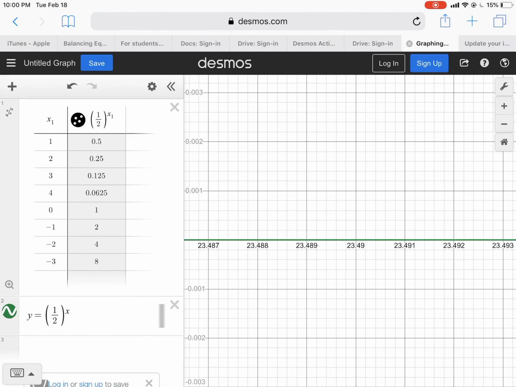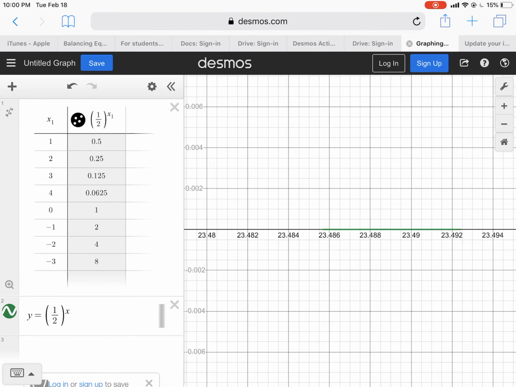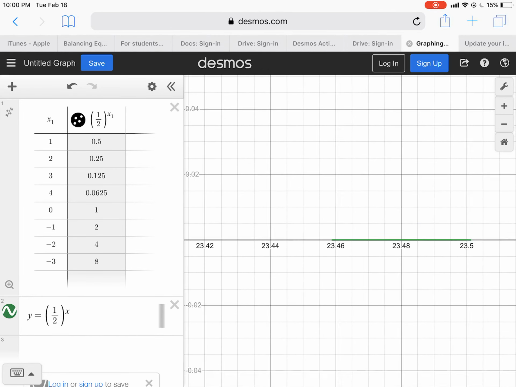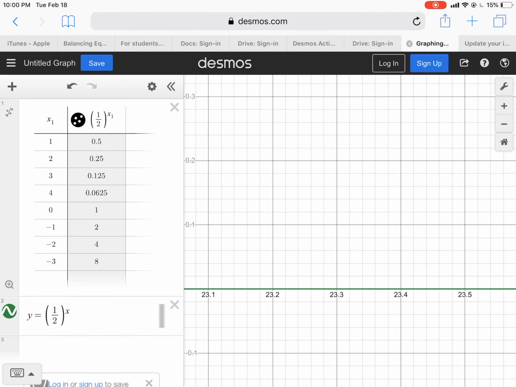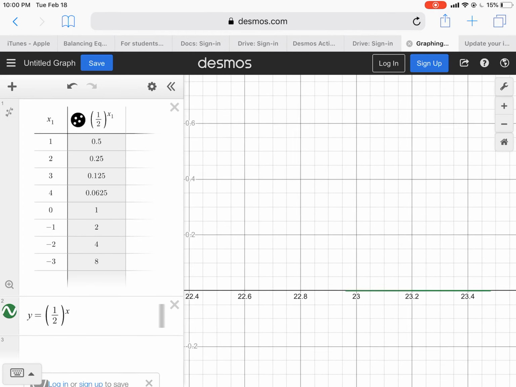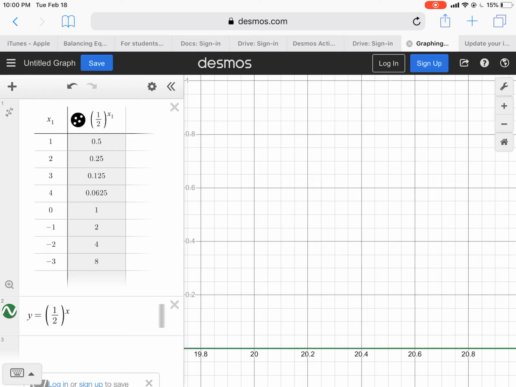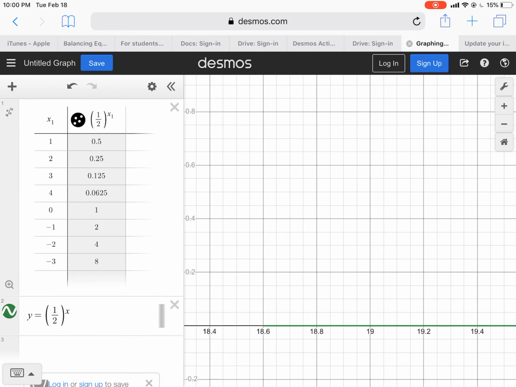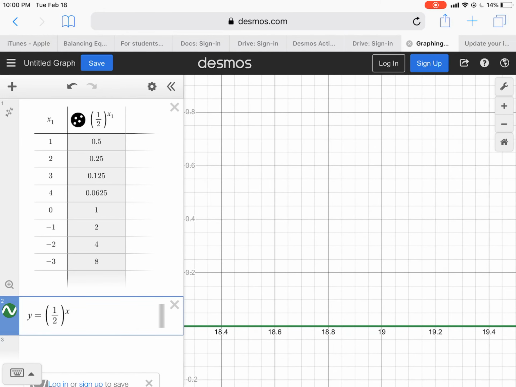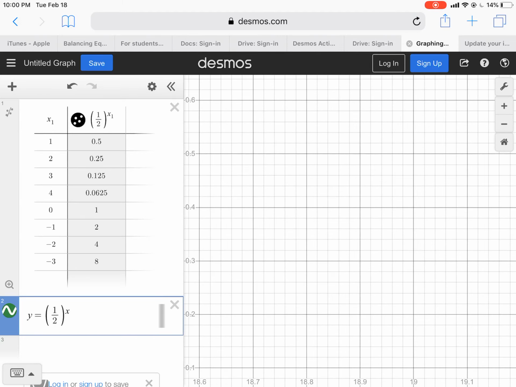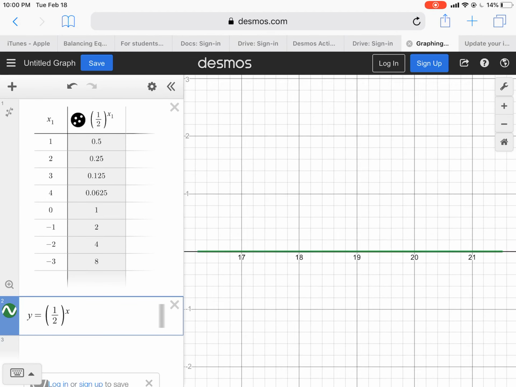It is, again, the asymptote line. What I could do, if I wanted to get this back to a scale I can look at, is go back out.